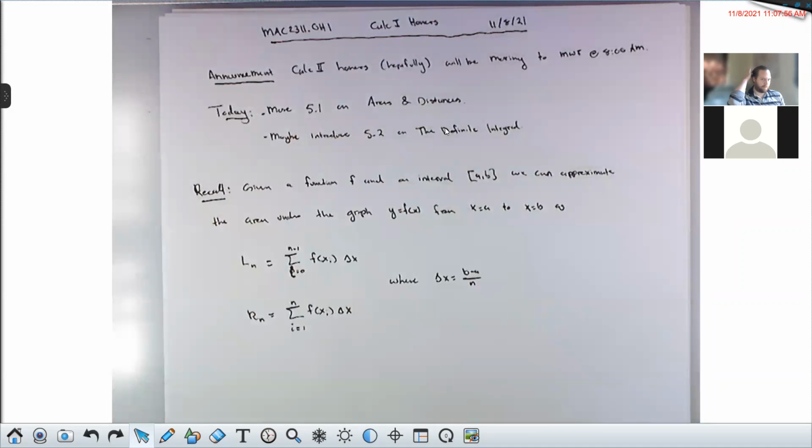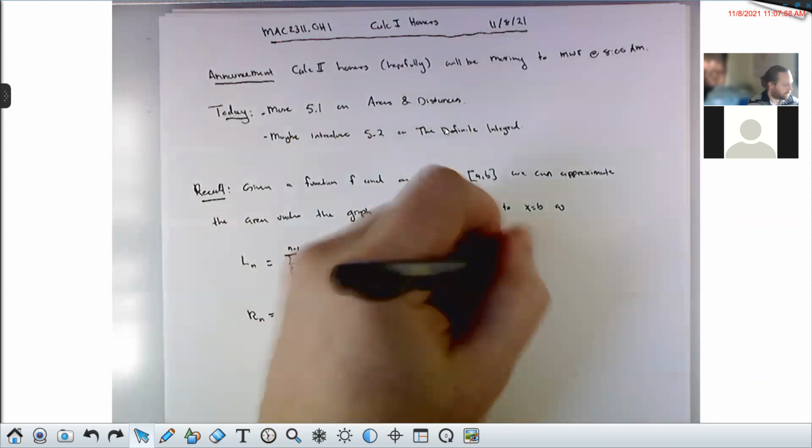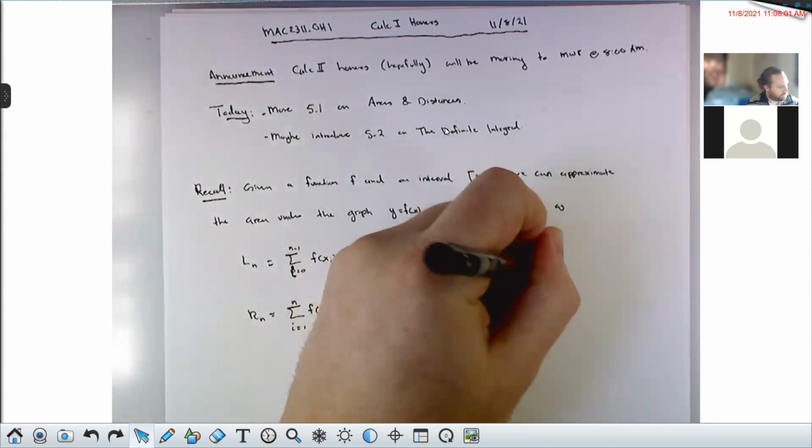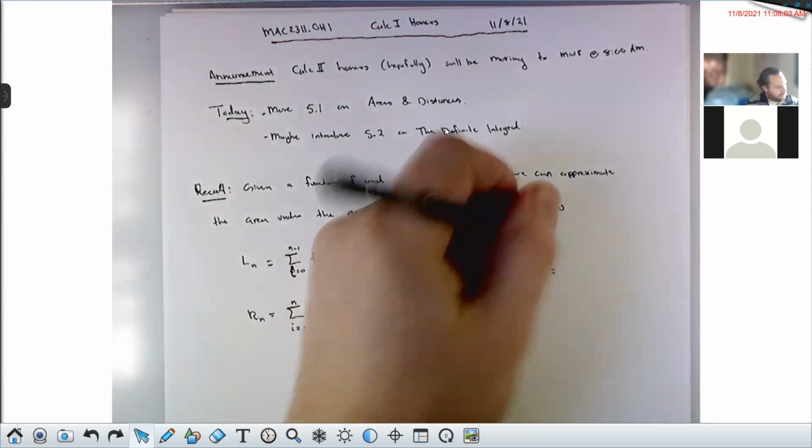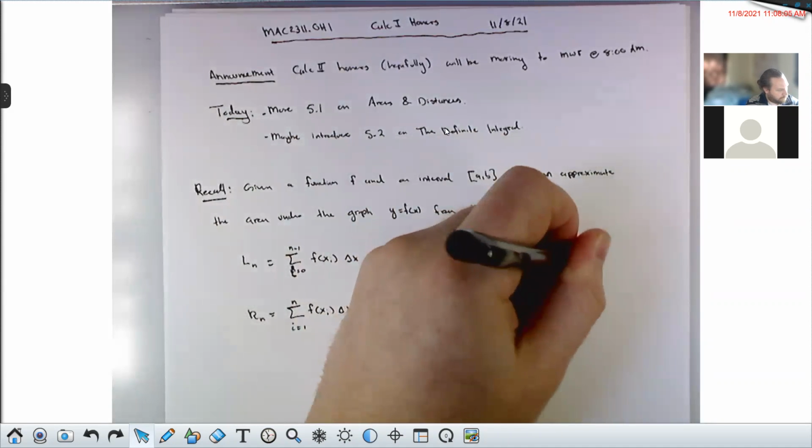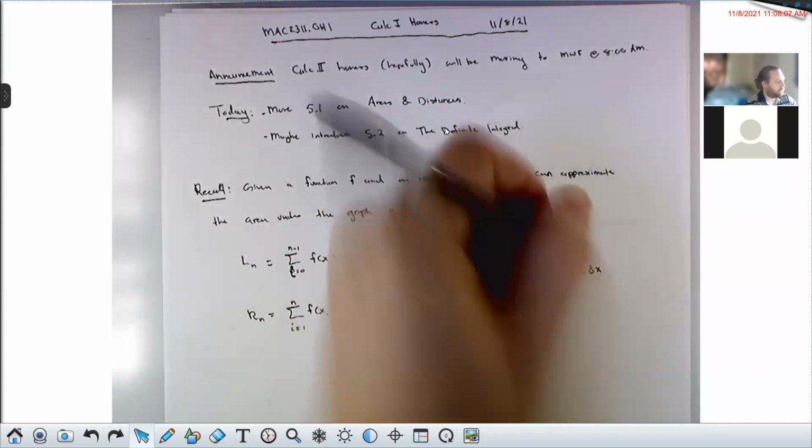It's sort of the width of each rectangle. And the sample points x_i, the endpoints of those subintervals, are a plus i times delta x.